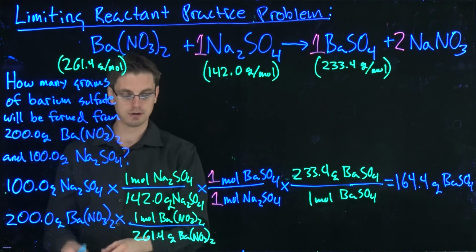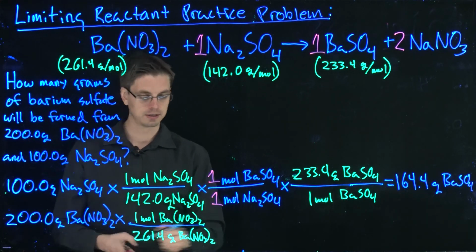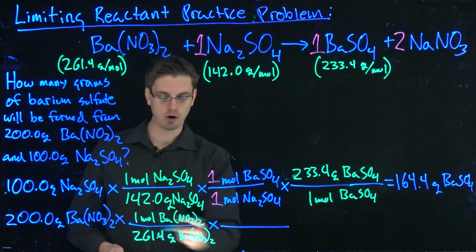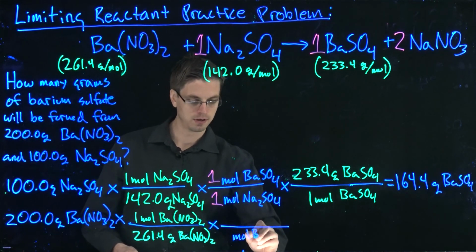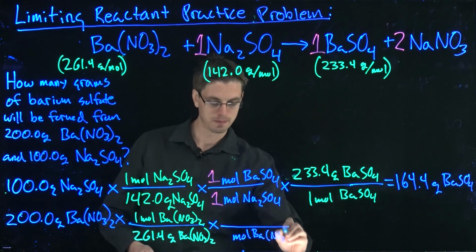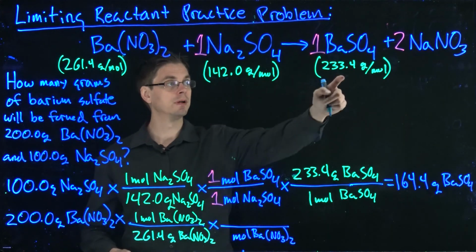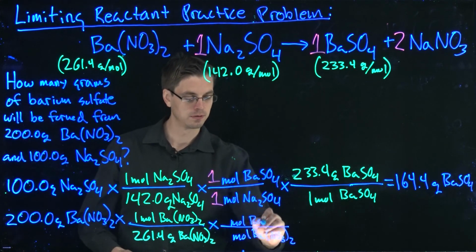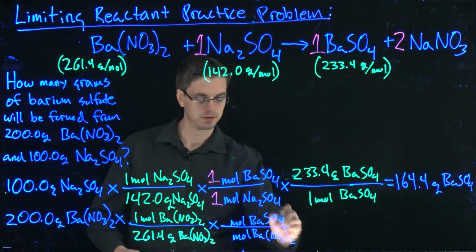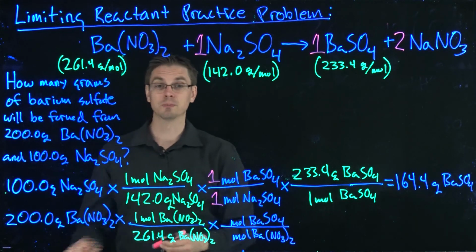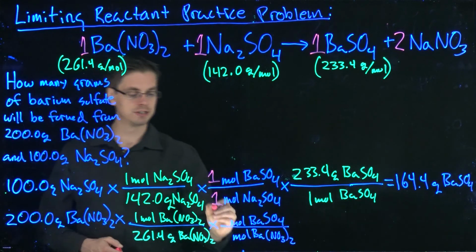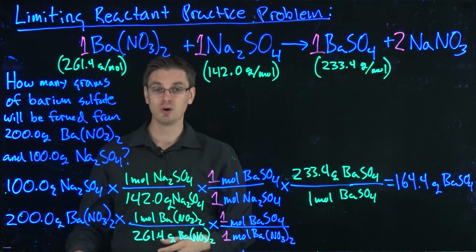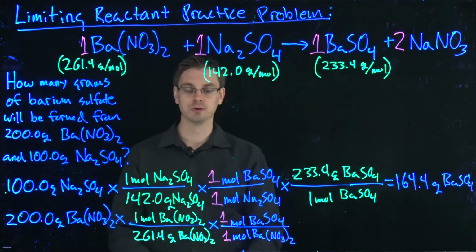Now we can apply those stoichiometric coefficients and construct a mole-to-mole conversion factor. Now we're going to be canceling out our moles of barium nitrate, and we want to end up in moles of product, barium sulfate. Just as we saw in the previous problem, our stoichiometric coefficients here are again 1. So we've got a 1-to-1 ratio, so we're not changing the numerical value. All we're doing is changing the units with both of those conversions.